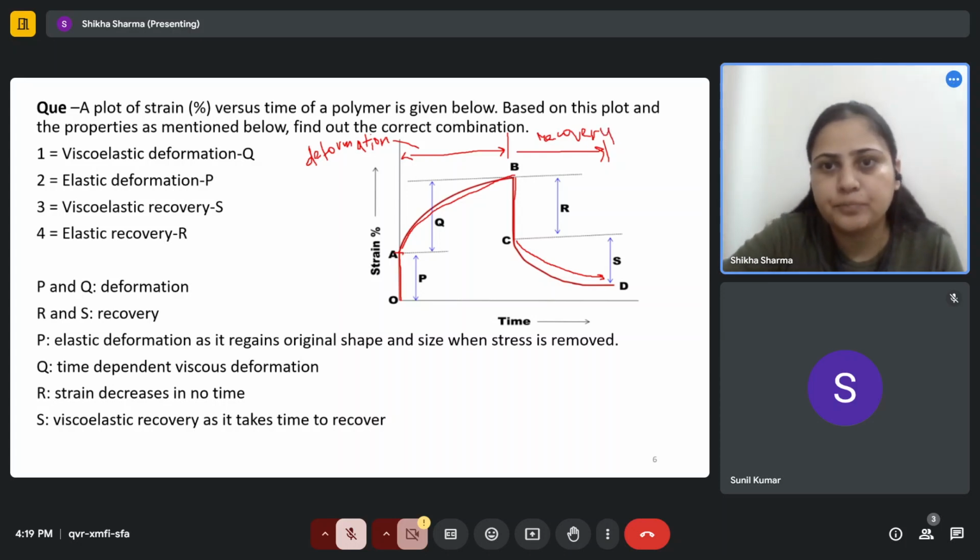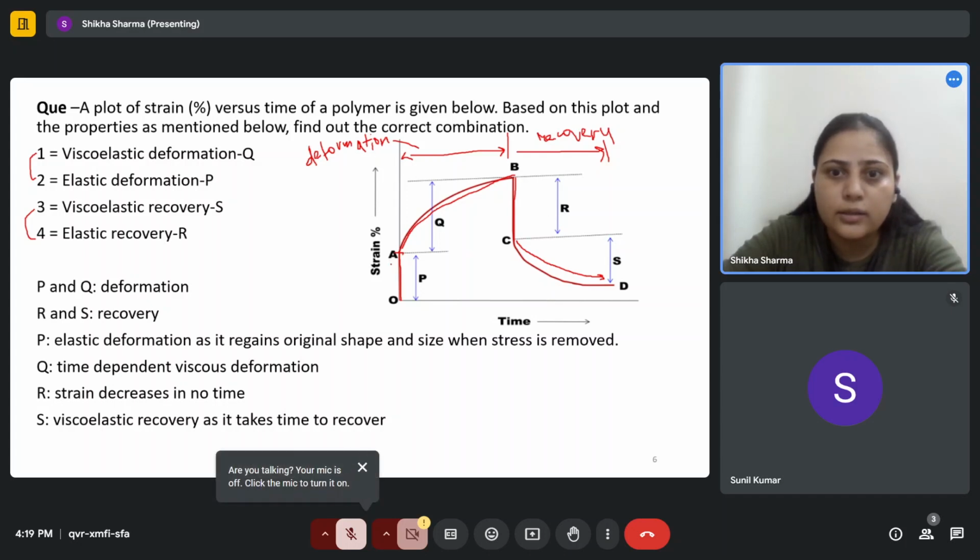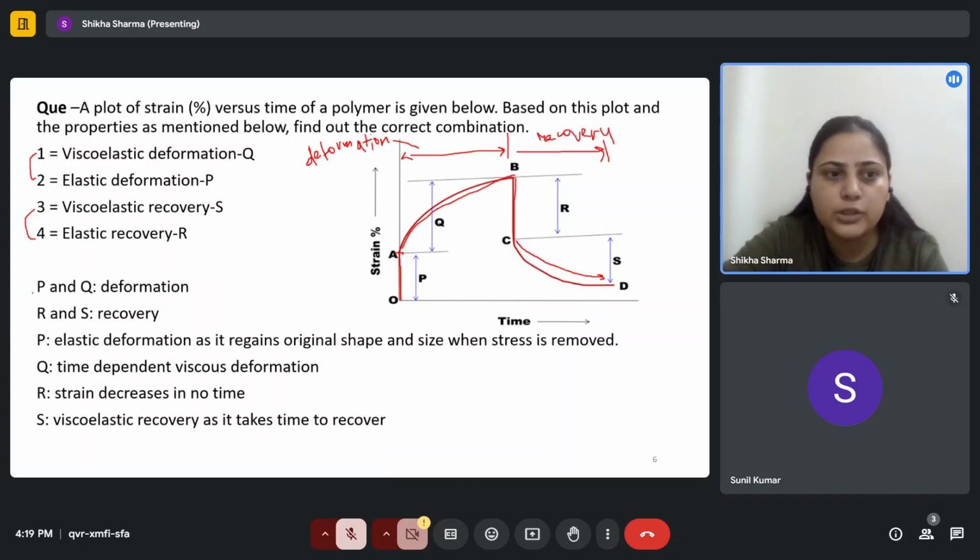So this is the deformation area, and the second one, from B to D, is the recovery area. So the first and second are deformation, and 3 and 4 are recovery. Either R or S will be the recovery part, and P and Q will be the deformation part. So P and Q are deformation and R and S are recovery.